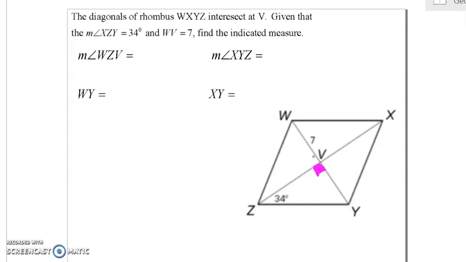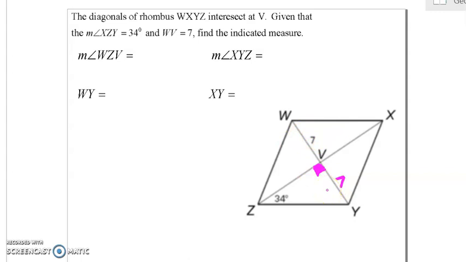So what you're going to do, take a second, see if you can do it before me, and see if you can find all angles inside here, and given 7, can you find all the side lengths? Okay, I think the first thing I would do is that if that is 7, I know that this is 7 because it is bisected still because it's a parallelogram.